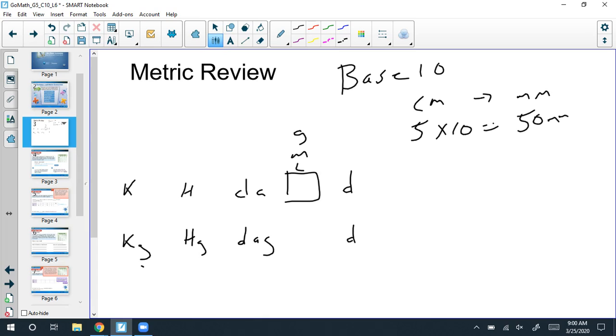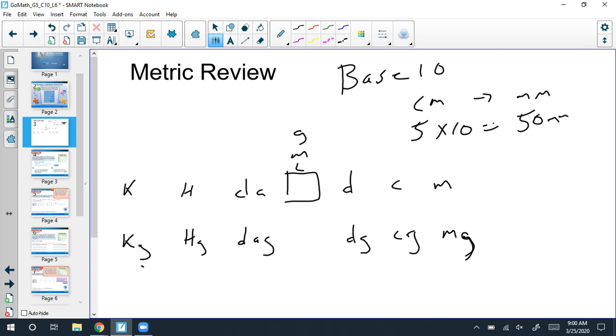So if we were working with decigrams, it would be dg. 1/10 of a decigram is going to be a centigram. And then, of course, our smallest unit that we're worried about is milli. If we are working with grams, we are looking at a milligram, and the abbreviation for that is mg.